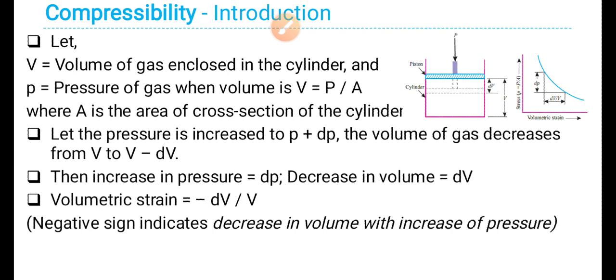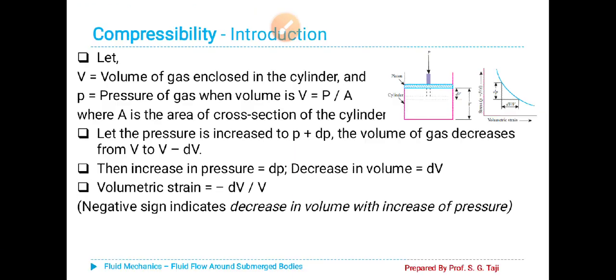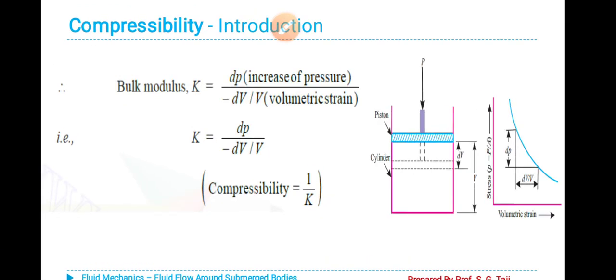Then increase in pressure is equal to dP, decrease in volume is equal to dV. Volumetric strain is nothing but minus dV upon V: change in volume divided by original volume with a minus sign. The negative sign indicates decrease in volume with increase in pressure, that you are aware.